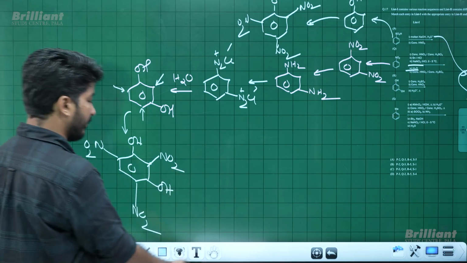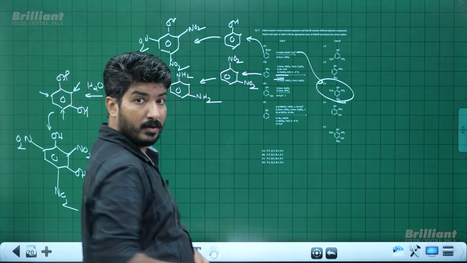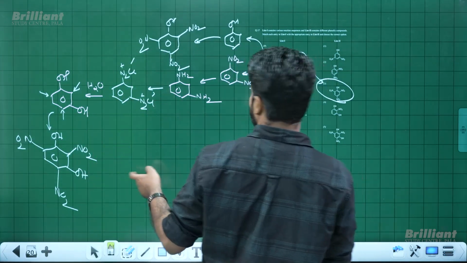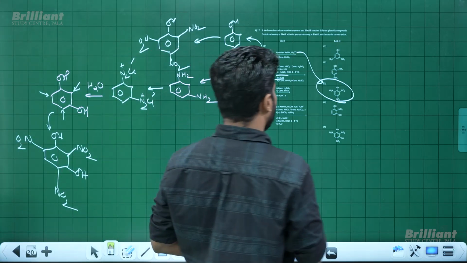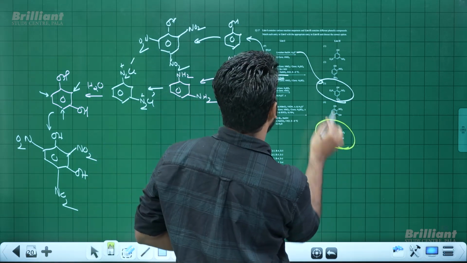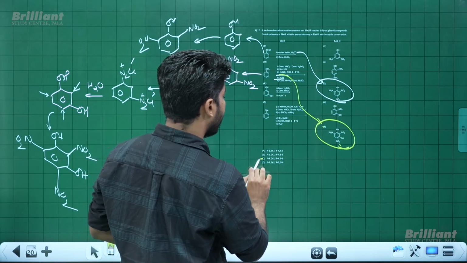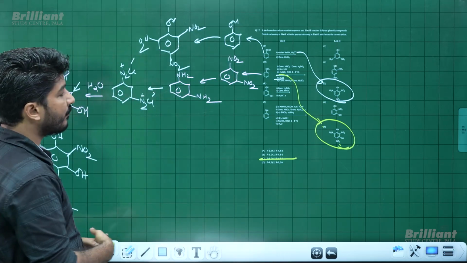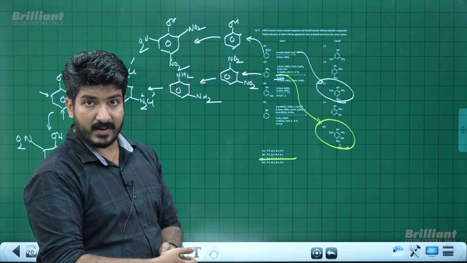This is the expected product of the series. So where is that product present in list 2? Let's check. This is compound 5, right? So Q is matching with 5. P matched with 3. Q matched with 5. So of course our answer would be option C, right?